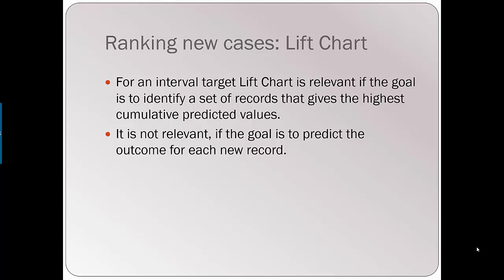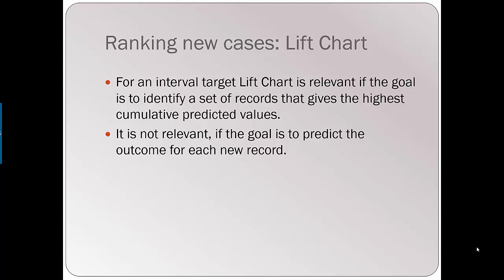If you have 1,000 new customers that you are approaching, you want to rank order them from the first most important customer to the 1,000th, and maybe give extra service to the top 10% or something like that.